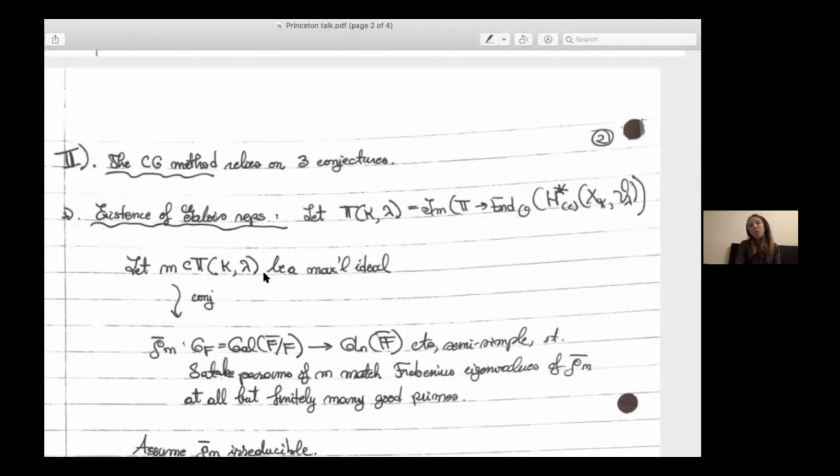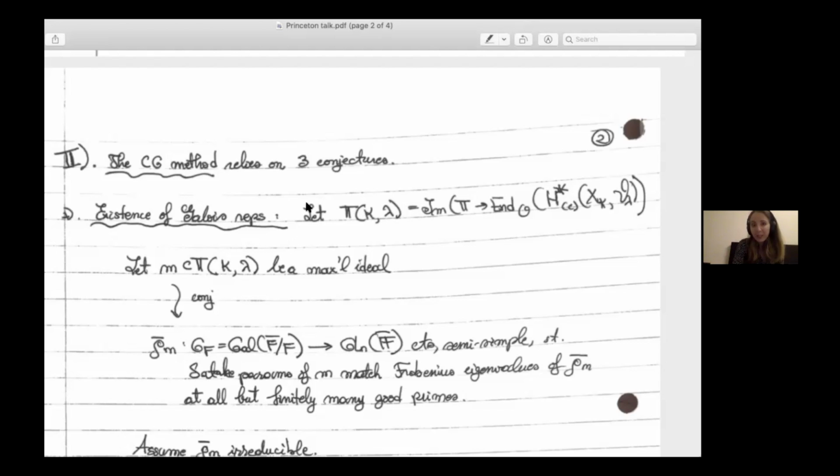If you want to implement a modularity lifting, which amounts to showing that a Galois representation is automorphic, then you first need to have the direction from automorphic to Galois. And so this is what existence of Galois representations is about. For instance, in the original case of modular curves, it's about associating Galois representations to modular forms.